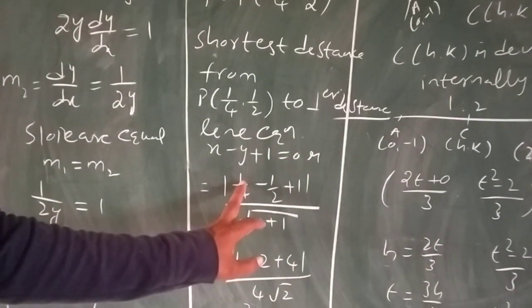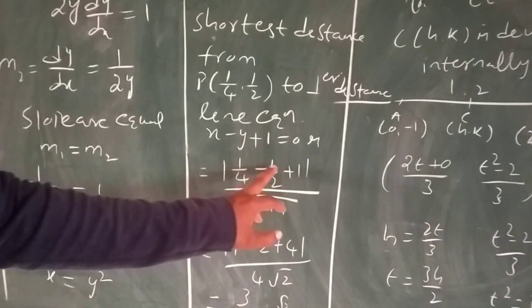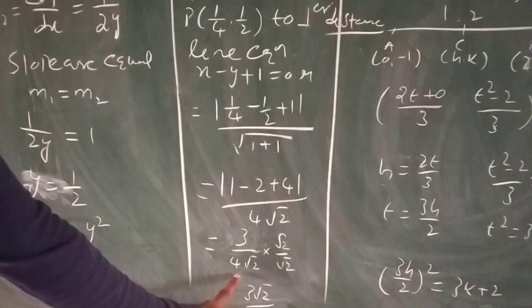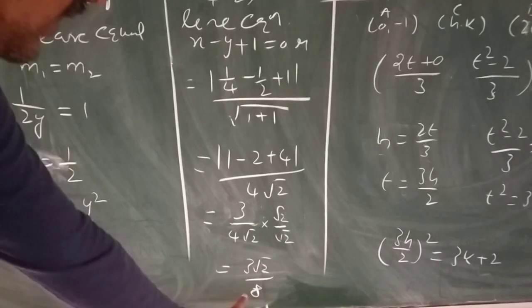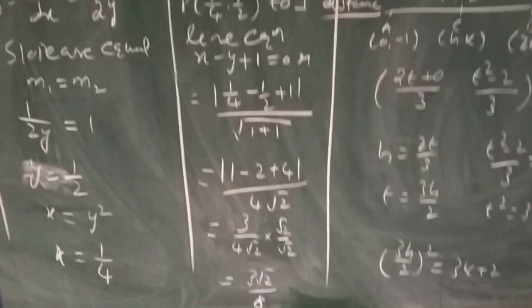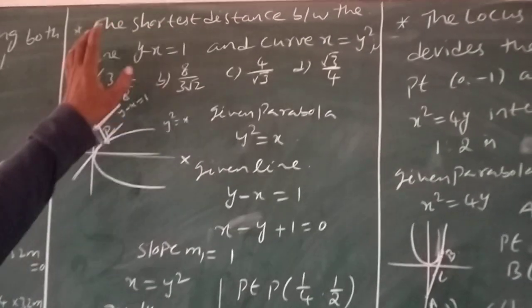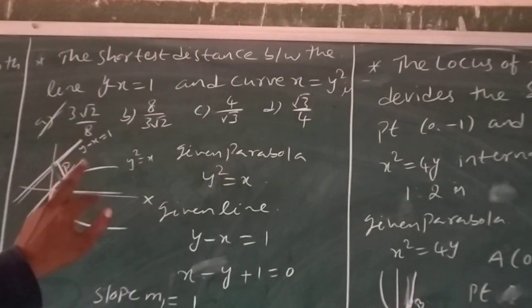Taking LCM 4, (1 minus 2 plus 4) by 4 root 2 is 3 by 4 root 2. Multiplying by root 2 gives 3 root 2 by 8. Option A is correct: the shortest distance between the line and the parabola is 3 root 2 by 8.